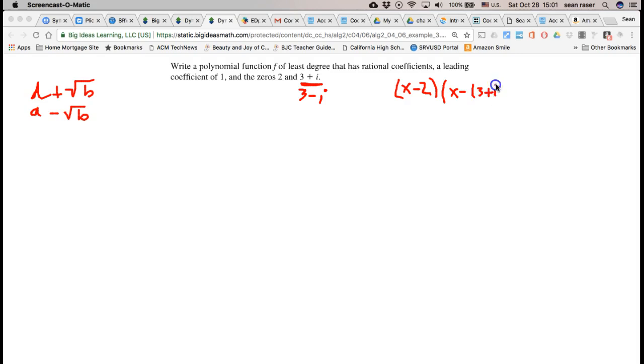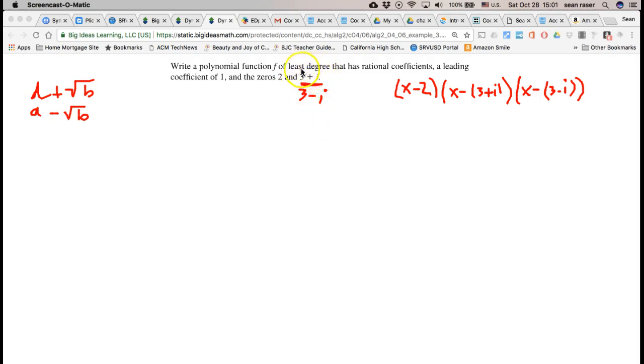So to find our polynomial, all we have to do is multiply these three factors together. So let's go through the steps. Again, we did this in class on Thursday, but this is just a refresher.